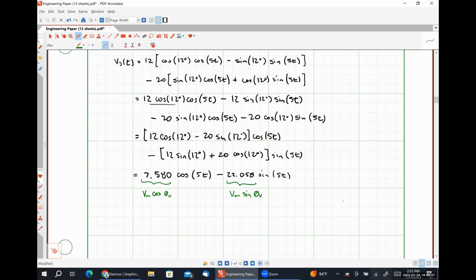All right. So let's hit you with another couple of simple-ish trig identities, right? So if I have Vm cosine theta v squared plus Vm sine theta v squared, that would be the same thing as Vm squared cosine squared theta v plus Vm squared sine squared theta v, or Vm squared, since cosine squared plus sine squared is equal to 1, right?